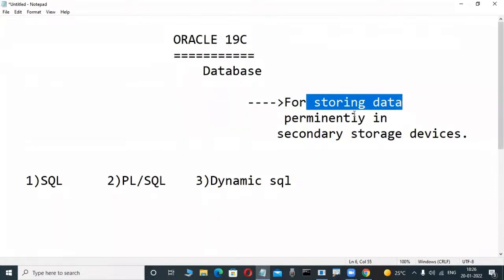Databases are not only for storing data, so many things are there. Efficient retrieval of data is also important. Suppose, for example, a screen, observe it.